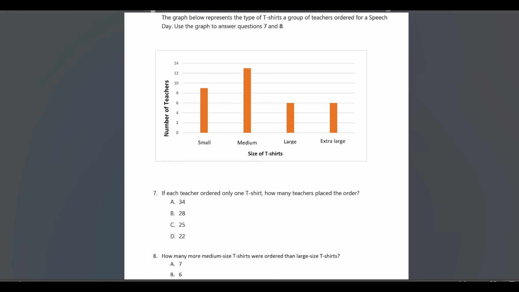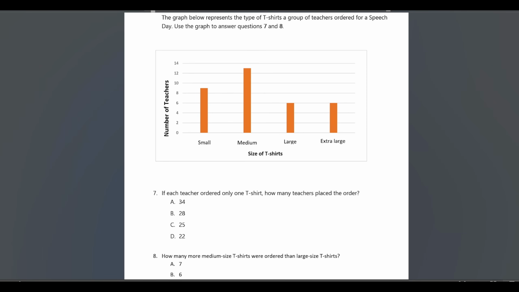The next set of questions. So we have a bar graph. And then this bar graph here represents the type of t-shirts a group of teachers ordered for a speech day. So we are to use the graph to answer question 7 and question 8. So remember, bar graph is also another way of representing data.